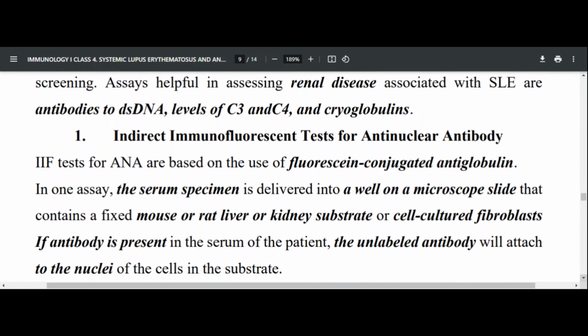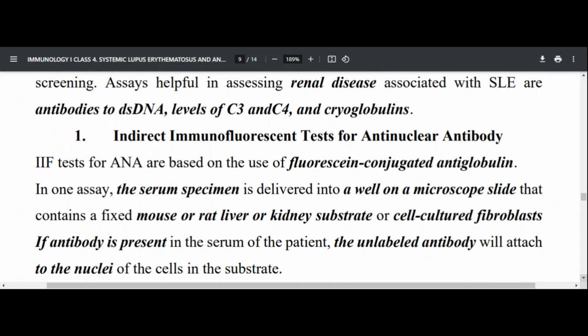Those are anti-human antibodies that are fluorescence conjugated, which means we are using fluorescence to detect the reaction between those anti-human antibodies and human antibodies, because what we are detecting here is not an antigen, but a human antibody, in the form of autoantibody. So we are using anti-human antibodies that are labeled with fluorescence.